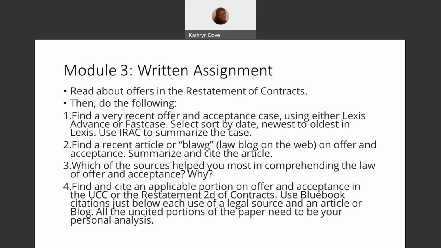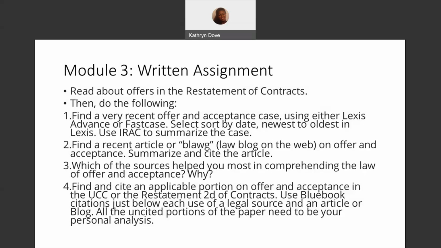And then second, find a recent article or a blog on the internet. You can just Google the topic of offer and acceptance and summarize and cite what you find in the article. Third, decide which of the sources helped you the most in comprehending and understanding the law of offer and acceptance.